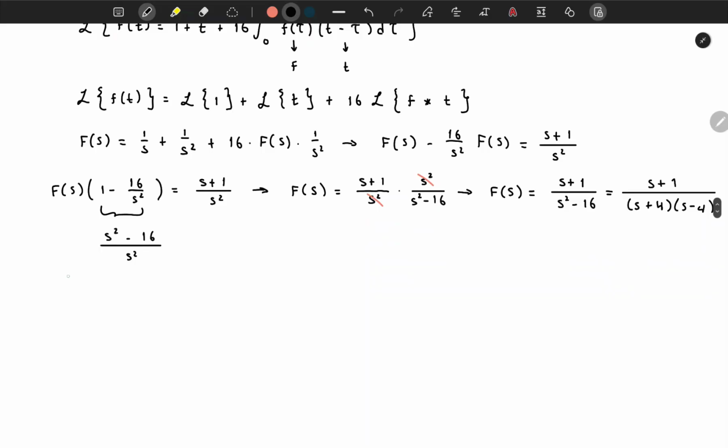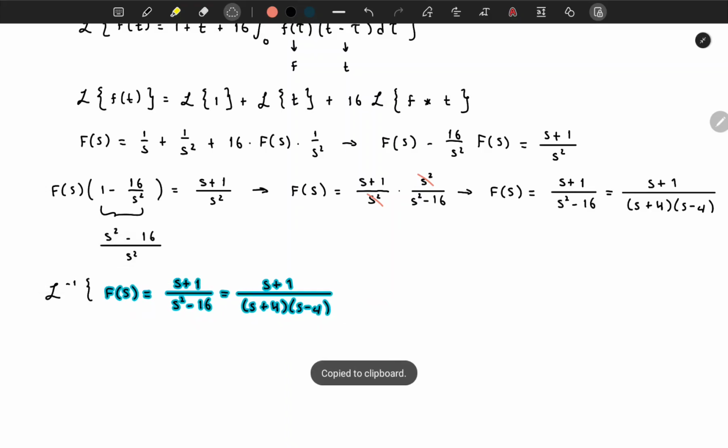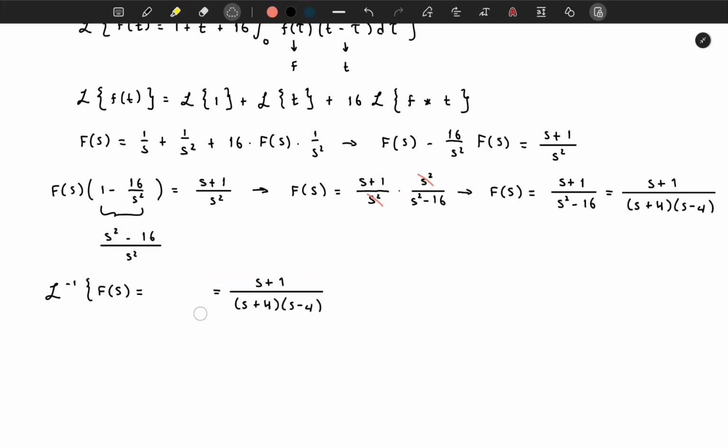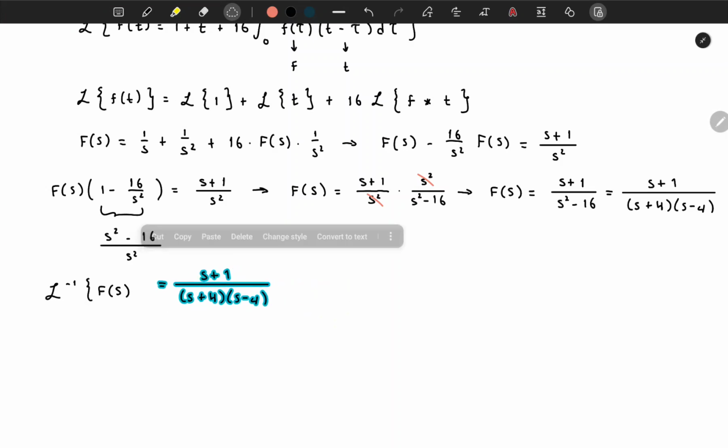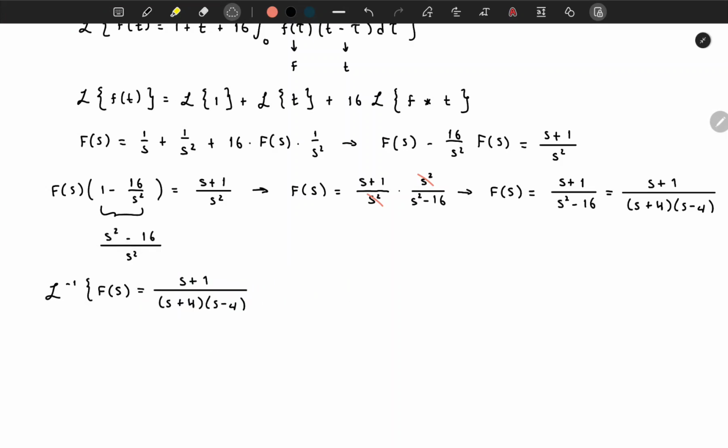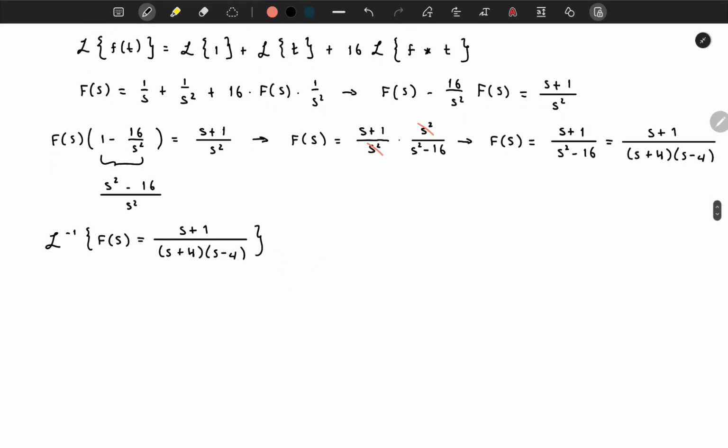Now we need to find the Laplace inverse of our F(s), because this will give us our f(t). So how can we do this?